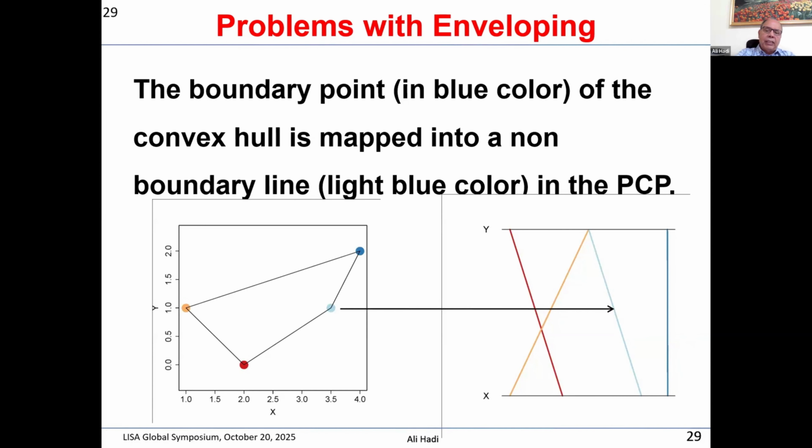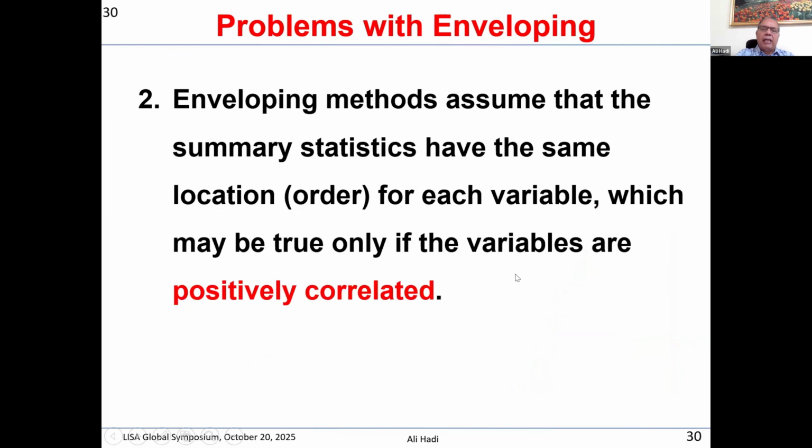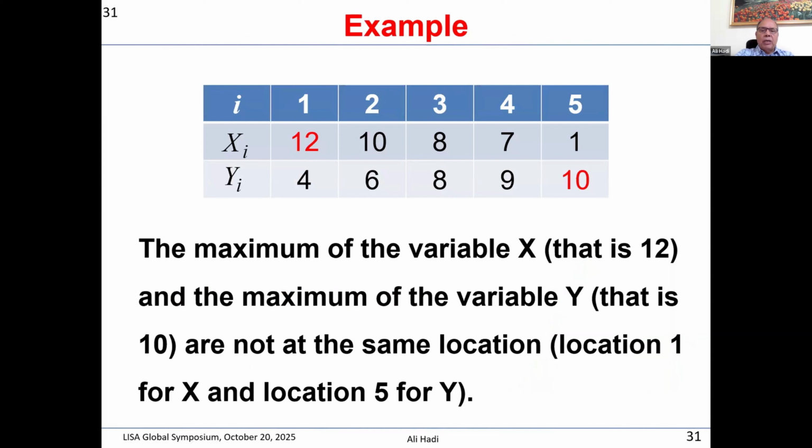So that's why the PCP does not maintain the geometry of the data. So what we do here is that we compute the PCP first, and then we compute the statistics on the transformed variable. One problem here is that if you have two variables, you can see that the position of the minimum in the first variable does not correspond to the position of the minimum in the second.